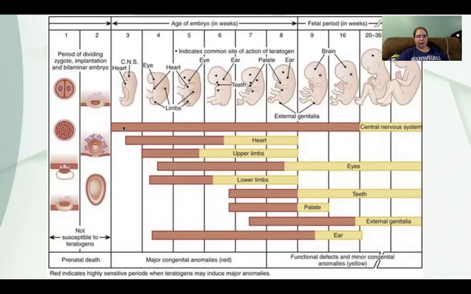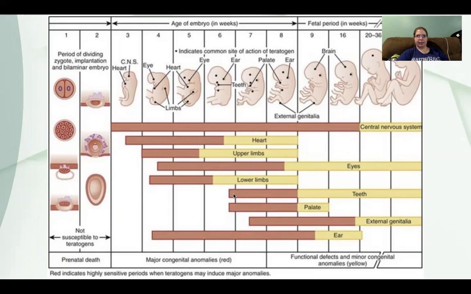So the central nervous system has a critical period anywhere from 3 weeks to 16. The heart is from 3 to 6 weeks. Upper limbs from 4 to 5 weeks. Eyes have a more severe critical period between 4 and 8 weeks. Lower limbs, 4 to 6-ish.